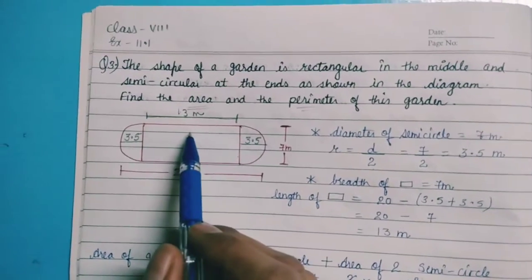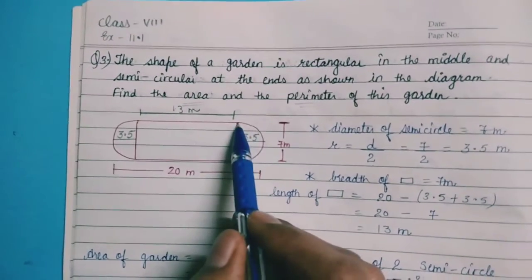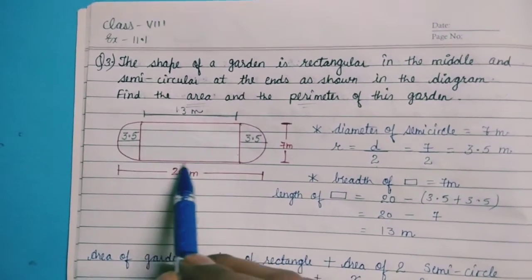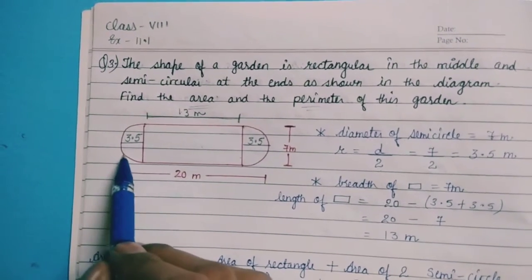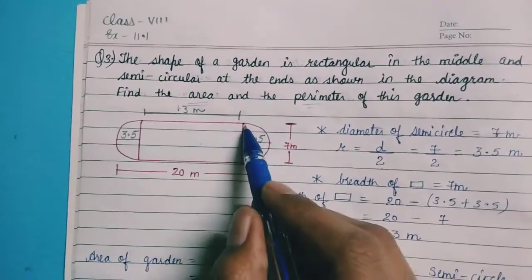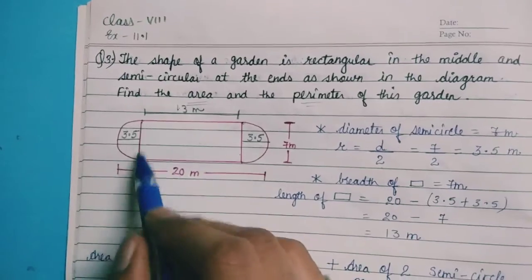It means we only need to see the circular boundary of the semicircle. Here we have 13, and here we have the circular boundary and 13. There is no need of using this 7 meter.